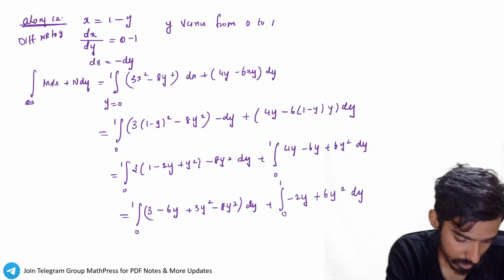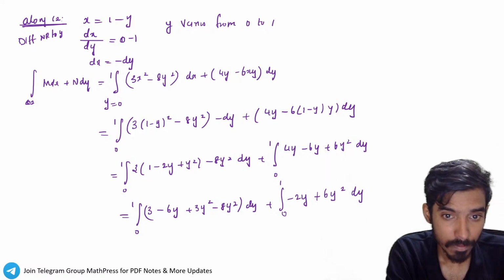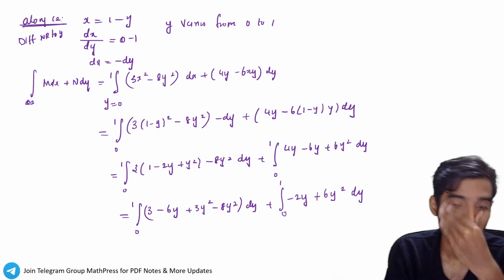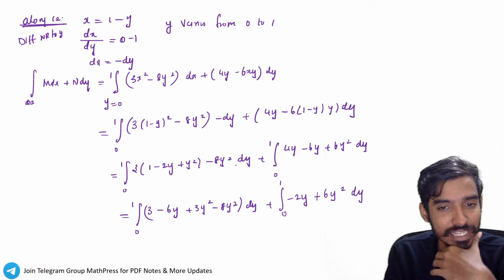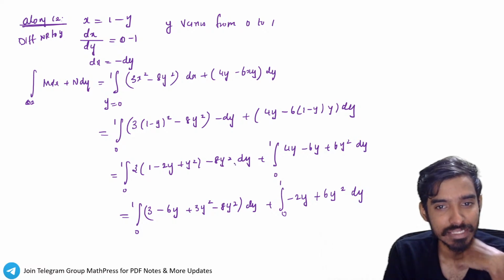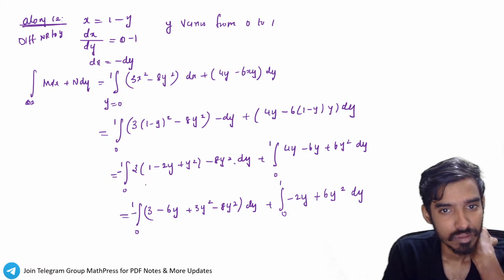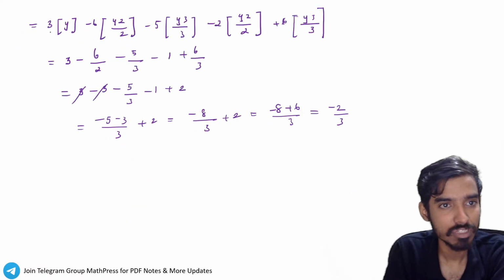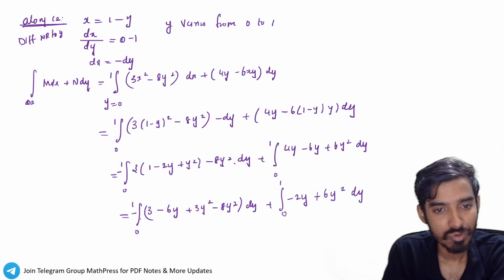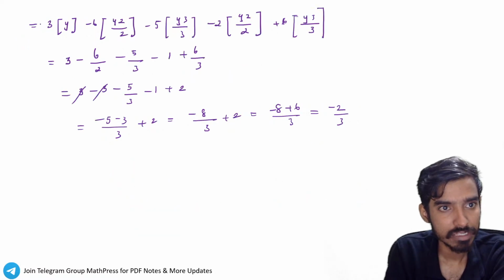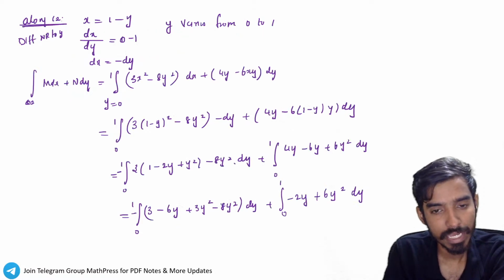I need to multiply this minus inside, right? Here we have minus dy, but when I wrote this, I wrote it as dy. Okay, let us put this minus here. Yes, we have minus dy. So therefore, we will have minus of these three terms. So this will be minus, and this will be plus 6y.